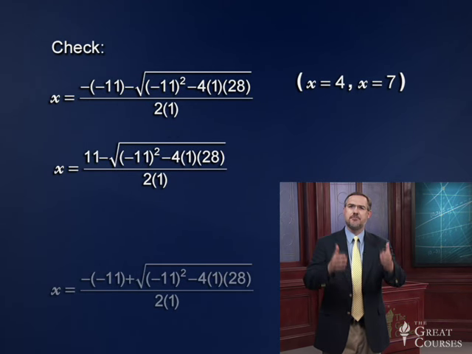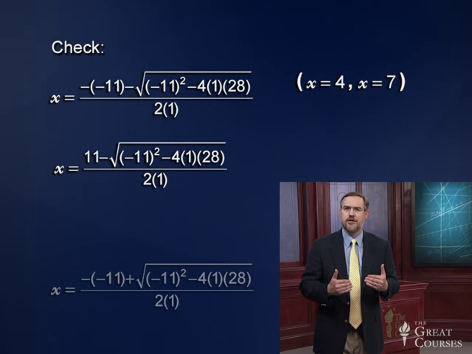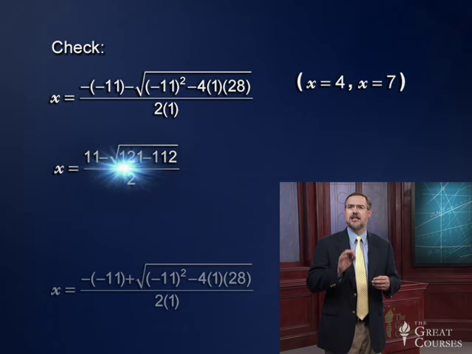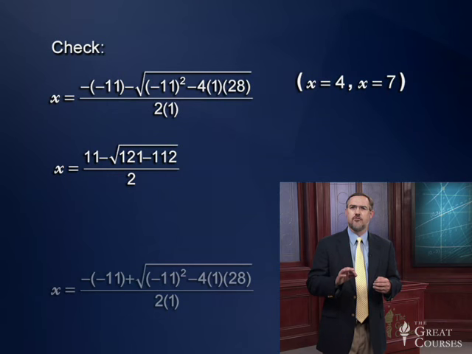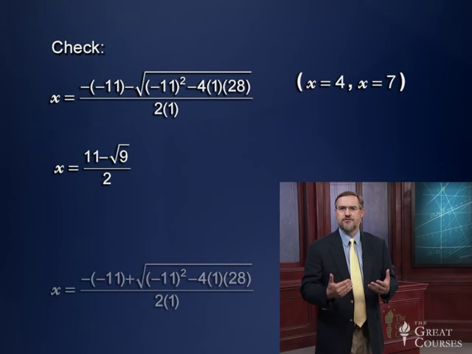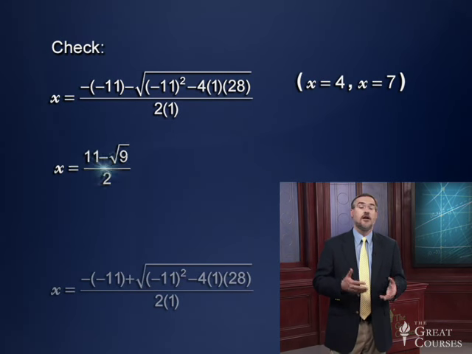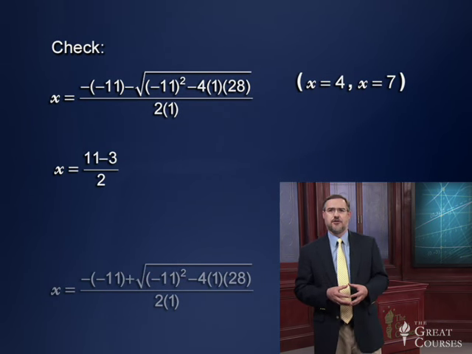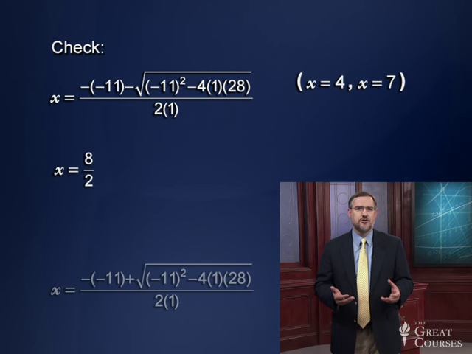And now this simplification starts to feel a lot like the one we did a moment ago. We now have 11 minus square root of 121 minus 112 divided by 2, or 11 minus square root of 9 divided by 2, or 11 minus 3 divided by 2, which is 8 divided by 2, which is 4.